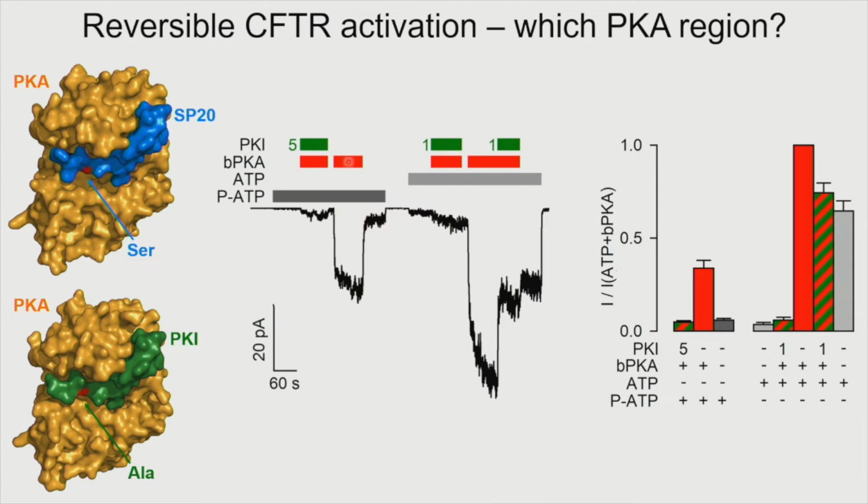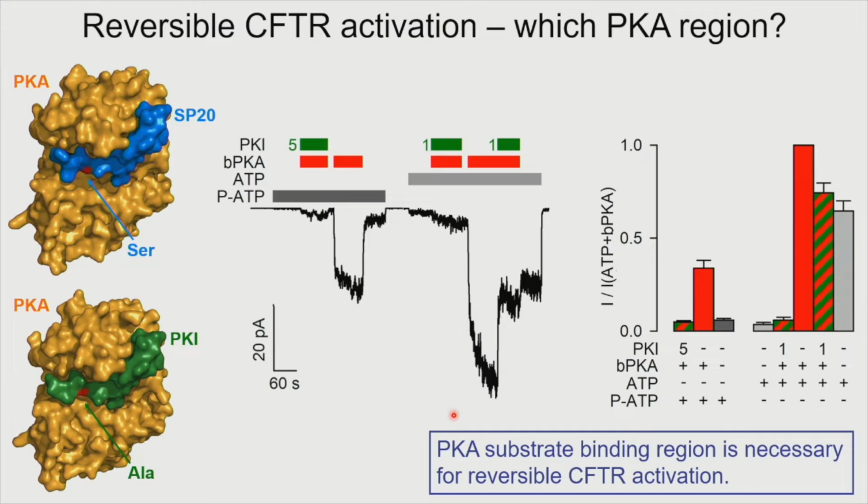The same is true for the reversible activation of unphosphorylated channels gating in PATP, which can again be prevented by PKI. So it appears that reversible activation is mediated through a part of the PKA which is also involved in substrate binding. A simple interpretation would be that the substrate binding region just binds some part of an R-domain loop and thereby prevents it from returning into the wedged-in position.